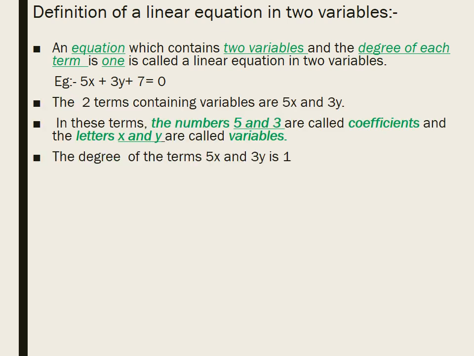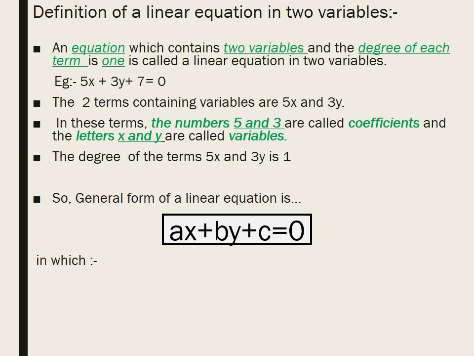In the given equation, x and y, the letters, are called the variables. 5 and 3 are called the coefficients of the variables, and the third term of the equation, which is 7, is called the constant of the equation. If you observe carefully, the variables x and y have power 1, and hence the given equation is a linear equation in two variables.